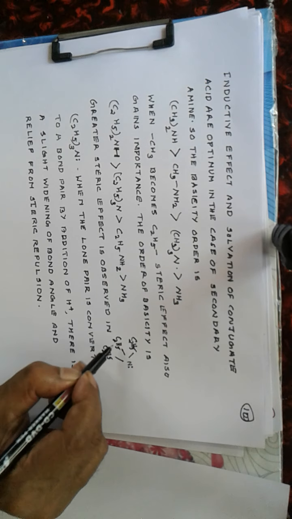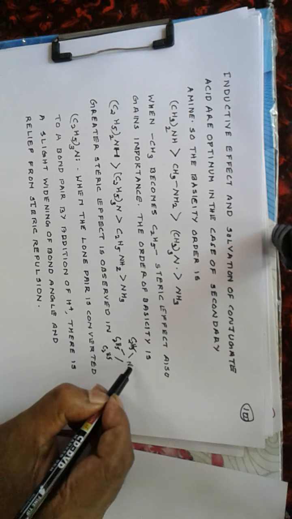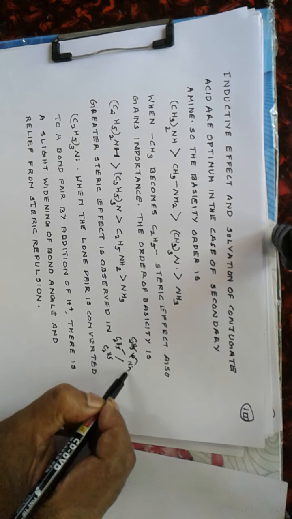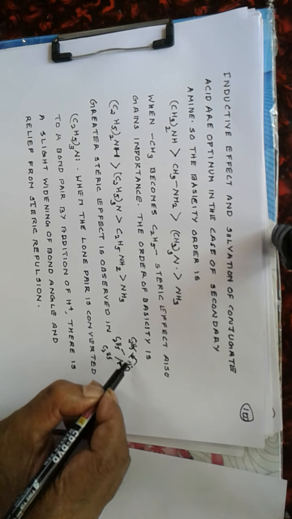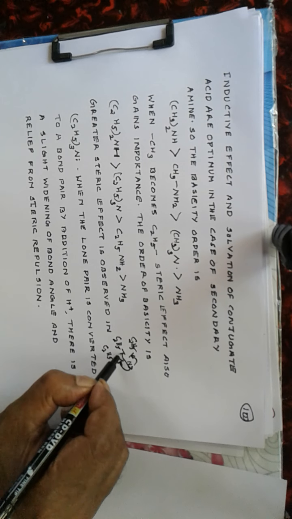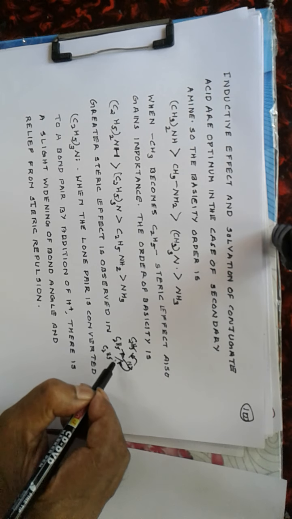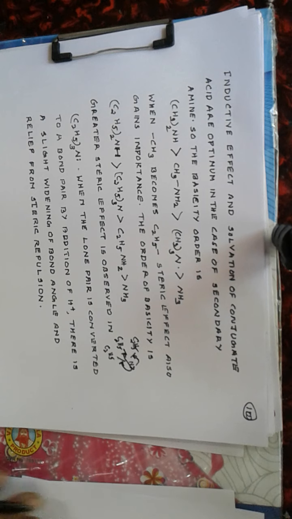So these ethyl groups can repel each other, and again there is lone pair bond pair repulsion. This lone pair can repel this bond pair, and this bond pair. So 3 lone pair bond pair repulsions are there. So these repulsions will try to avoid the lone pair.